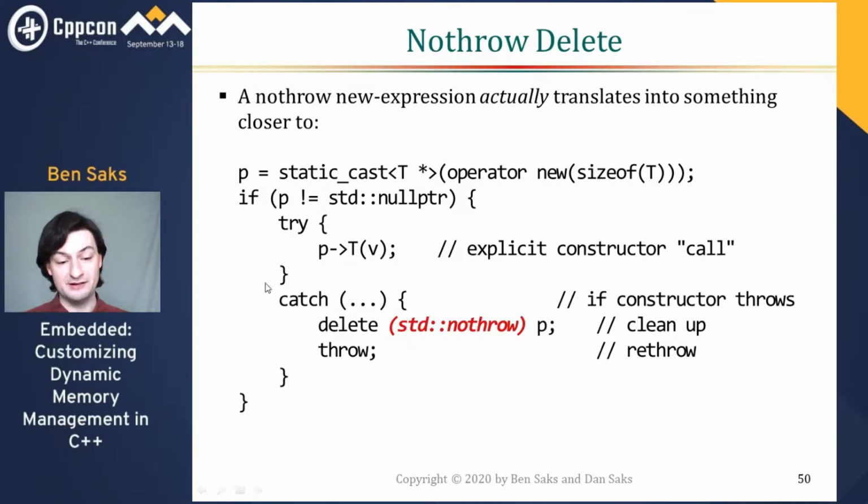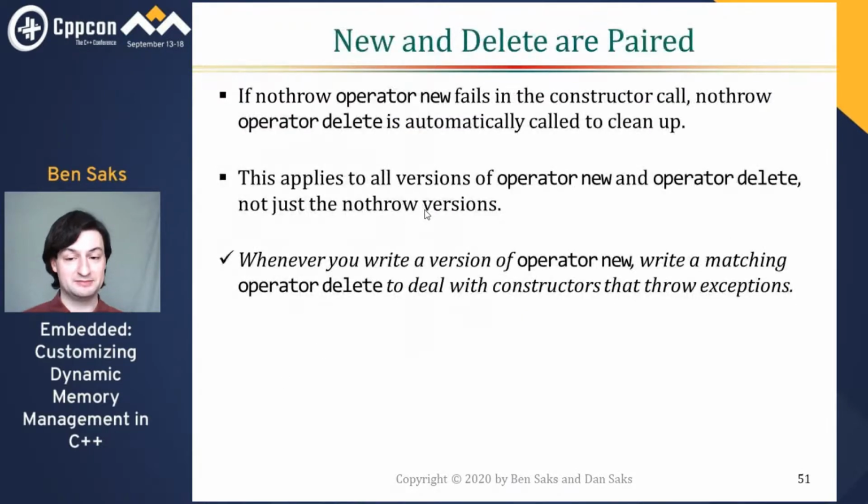If we fail by throwing an exception, catch that exception, delete the memory that was allocated up here, and then rethrow. So there's this intermediate step where the compiler takes care of making sure that in the event of no throw new being used, even if an exception is thrown elsewhere, it'll still be cleaned up automatically.